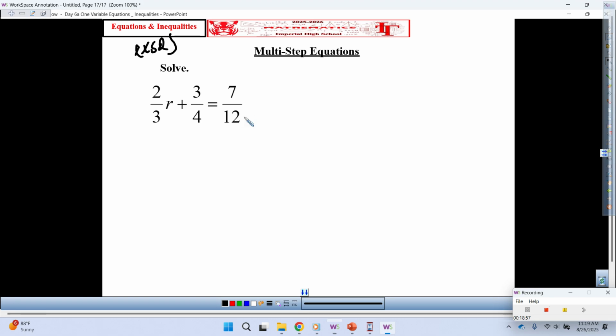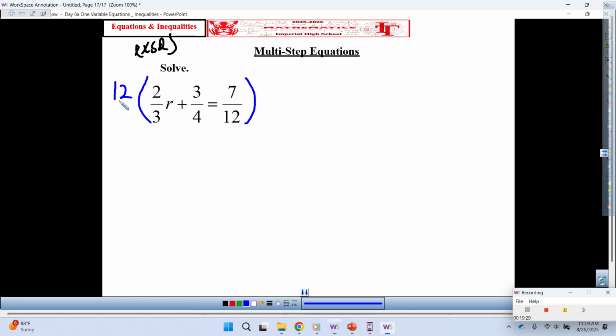Those of you, let's see if you remember, did you learn something that we call fraction busters, or get rid of the fractions, yet? So first things first, look at the denominators. We have 3, 4, and 12. What would be a common denominator for all 3 of them? 12. So that means we're going to multiply the entire equation times 12. But we're only going to multiply the numerators.